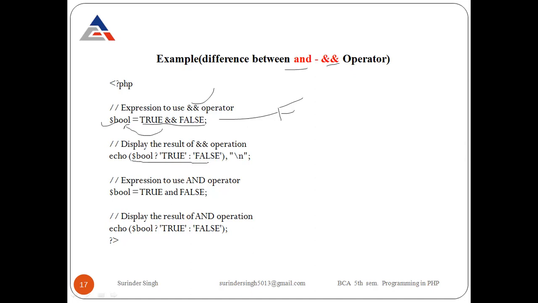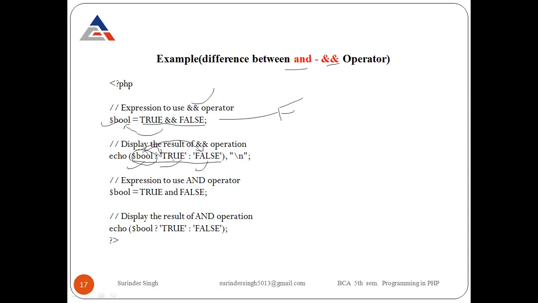And here we are checking by using the conditional operator. We will do it later. These are the three expressions: first, second, and third. The first expression is called the condition, and if it is true, then the second expression will be executed, and if the first expression is false, then the third expression will be executed.